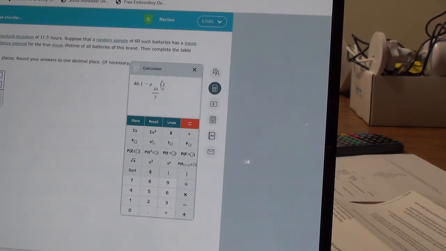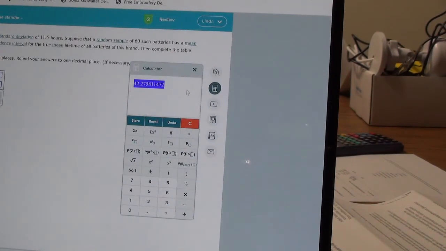Parenthesis, 11.5 was my standard deviation, divided by the square root of n, which was 60. Close my parenthesis. And so I'm going to enter on that.